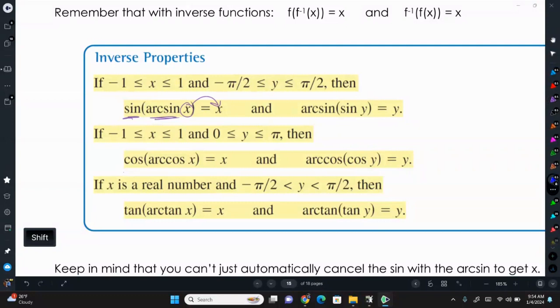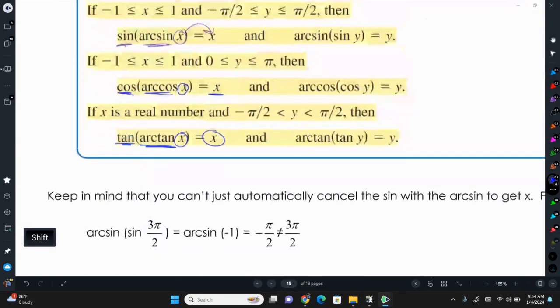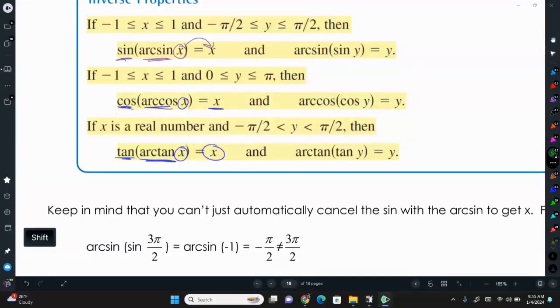And that's true with all the other functions. So the cosine of the inverse cosine of x is just going to equal x. Tangent of the inverse tangent of x is going to equal x. Now, the other way doesn't necessarily work, because if we have the inverse sine of y, we can't just say it's going to equal y because we have the restrictions on the range of the inverse sine.